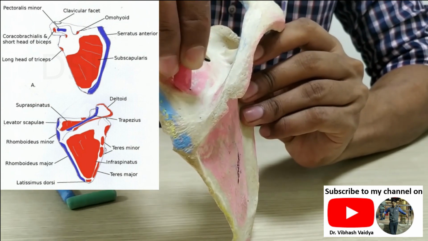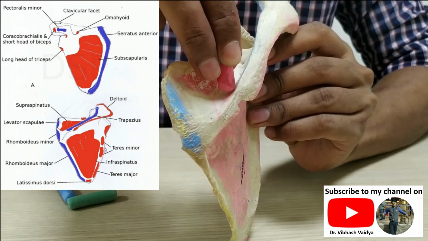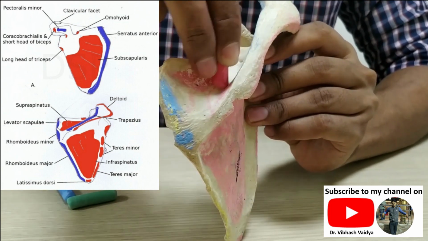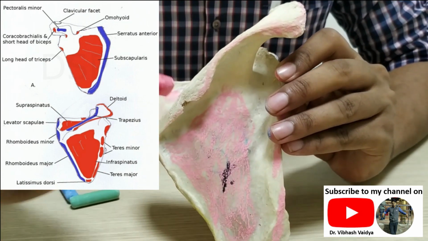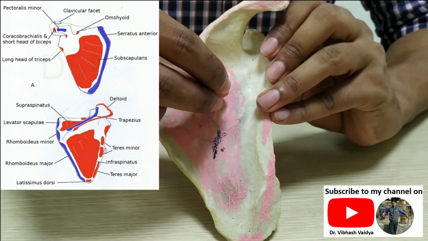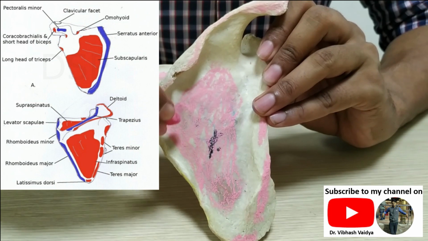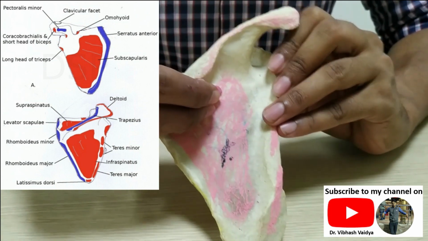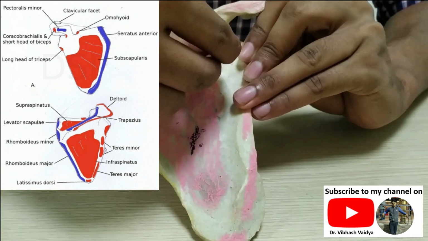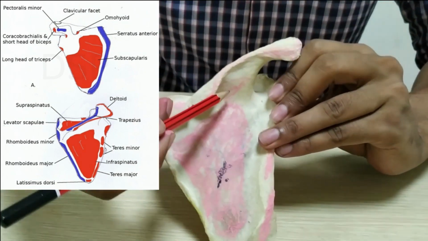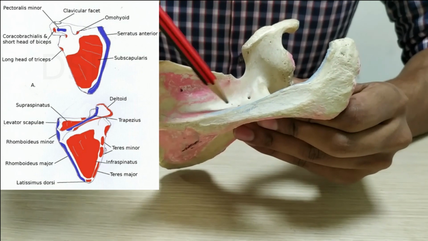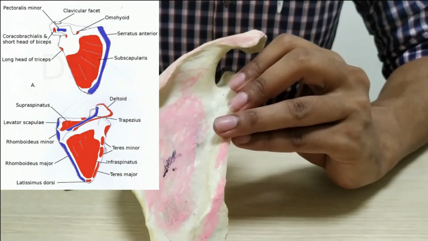From this portion we have the origin of the supraspinatus muscle. Then the infraspinatus arises from the medial 2/3 of the infraspinous fossa, including the lower surface of the spine. Here we have the lower surface of the spine, and this portion is called the superior surface of the spine.